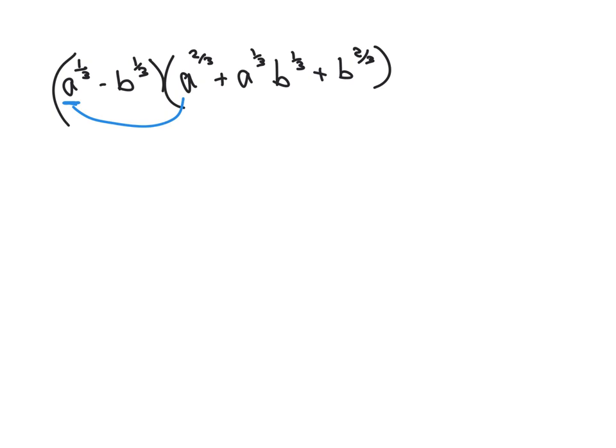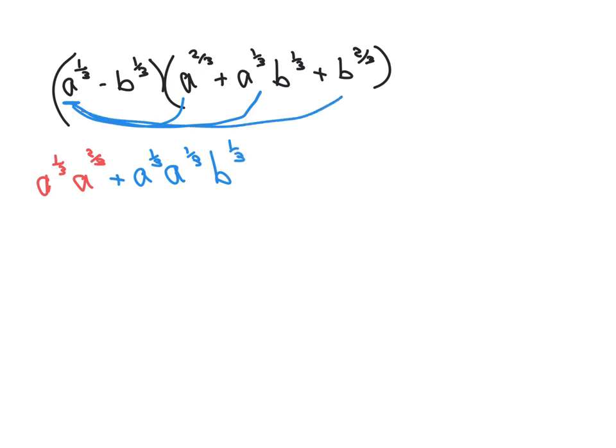So let's just look at that. And we have a to the 1/3, a to the 2/3. So that was the first one. Now let's keep with the blue and do it times that. Plus a to the 1/3, a to the 1/3, b to the 1/3. Okay, and then that one.